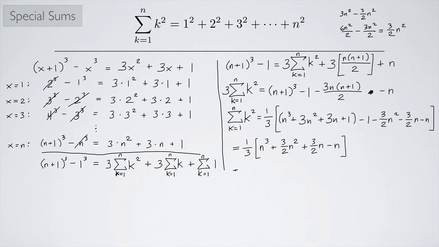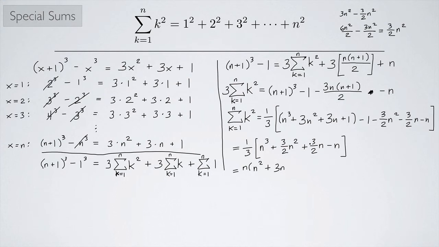Okay, so let's see, what can I do now? I have a 1/3 still out front, so I can multiply that through. It looks like I'm going to have a factor of n that can come out of all of this. So if I do that, let's bring the n outside. Then I'm going to have n squared left over here. And I'm going to have, let's see, 3n left over here.